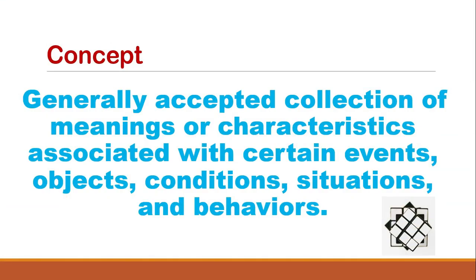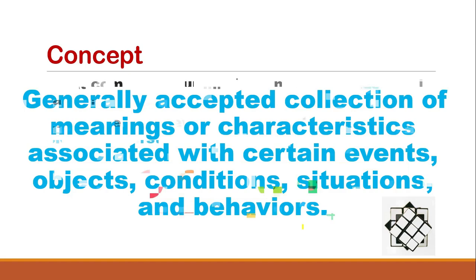To understand and communicate information about certain objects, events, or things or concepts that we are using in our research, there must be a common ground on which to do it. So, a concept is a generally accepted collection of meanings or characteristics associated with certain events, objects, conditions, situations, and behaviors.